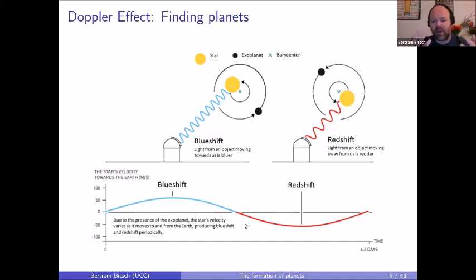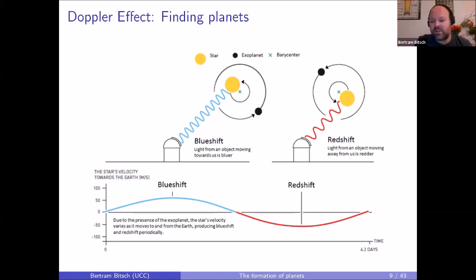Now, this change in the velocity is, of course, proportional to the velocity of the star, which in turn depends on the mass ratio between the planet and the star. So you can easily imagine if you have a planet that is very, very massive, it will influence the star more than a very, very tiny planet.